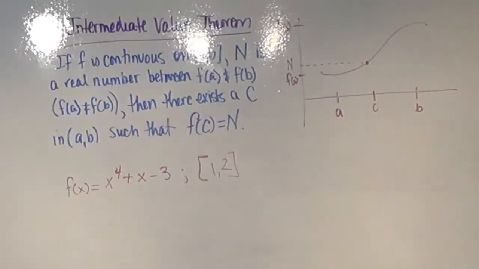We want to show there's a c in that interval such that we can find an n that is between the values f of a and f of b. Okay? So here what we would do is we'd start with the endpoints, the 1 and the 2. And we want to start by making sure that they're not equivalent.